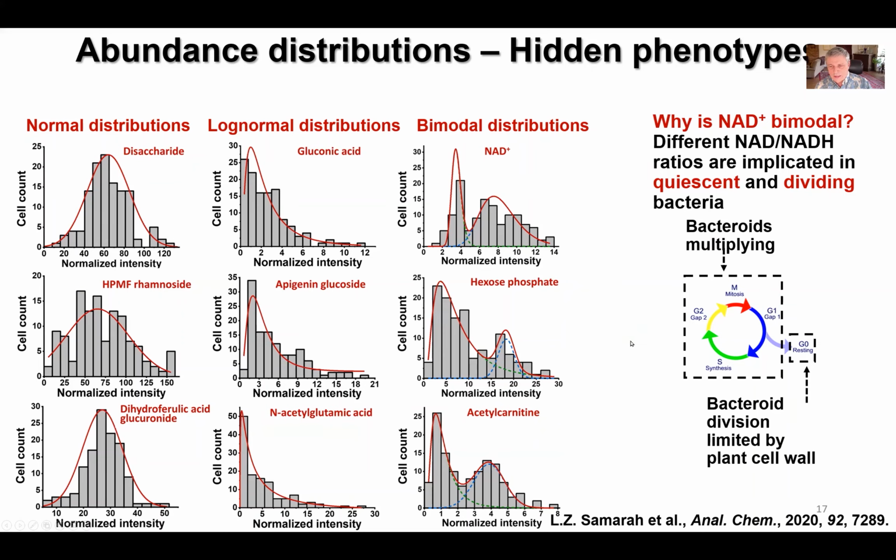So we argued that in these root nodule plant cells, the bacteria, which are measured together with the individual plant cell, either are still in the dividing mode when they haven't filled the entire plant cell, or when they do fill the plant cell, they go into the quiescent mode, G0, because they have no more opportunity to divide because of the geometrical constraint.